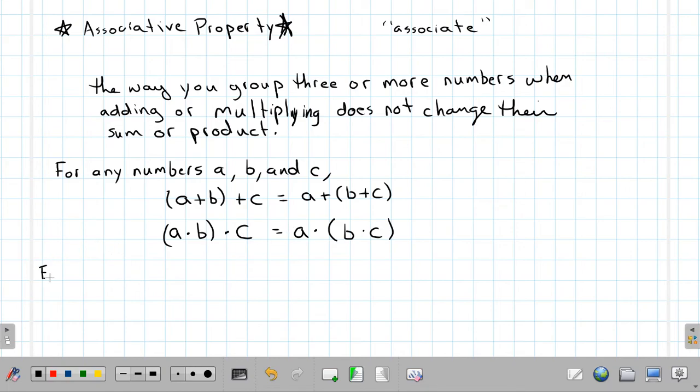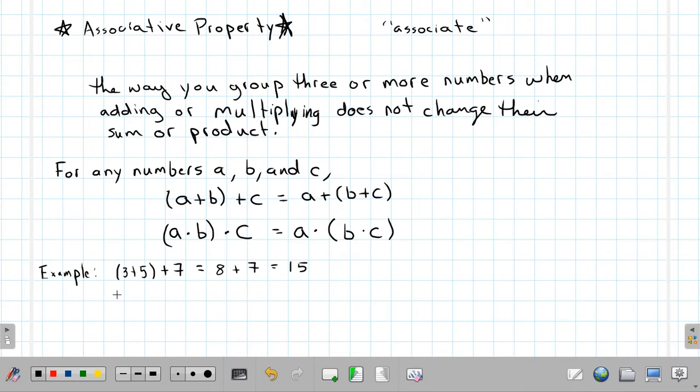So let's look at some examples to put a concrete view on this. If we have 3 plus 5 and then we add 7, okay, well, order of operations tells us we would have to do the 3 plus 5, then add the 7. So 3 plus 5 is 8, plus 7, well, that is 15.